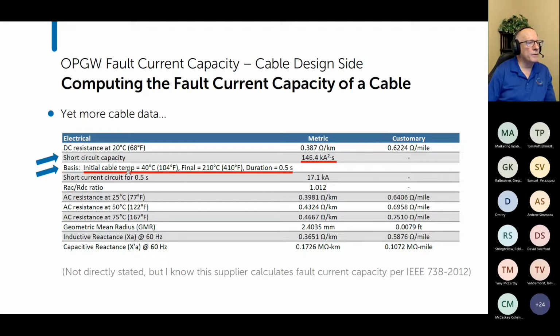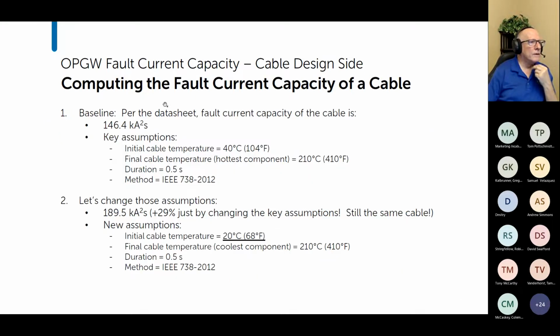The initial cable temperature 40 C, the final is 210, and the duration is 0.5. It's not actually stated, but I do know that this supplier, which is my company, uses IEEE 738 methodology. So per the data sheet, the capacity is that 146.4, with that initial temperature, final temperature, duration, and methodology.